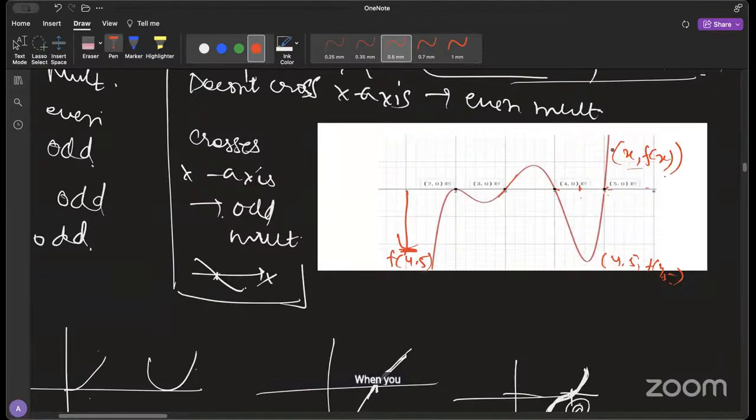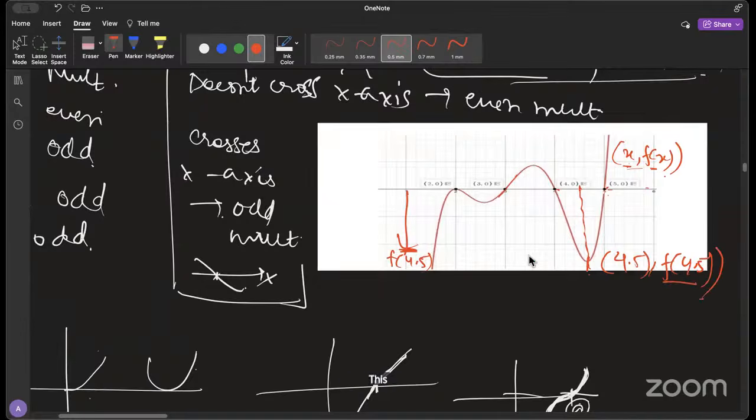When you draw a graph, it's a collection of x points and the corresponding y coordinates. So this is 4.5, comma f of 4.5.